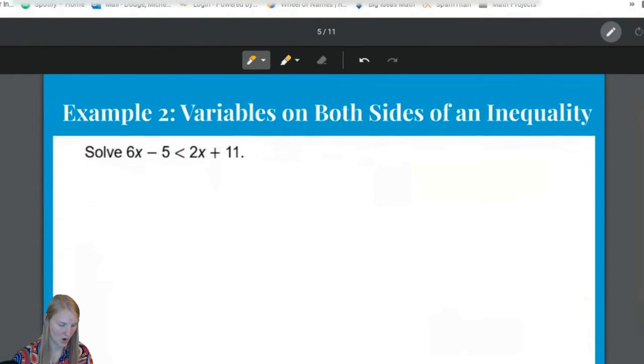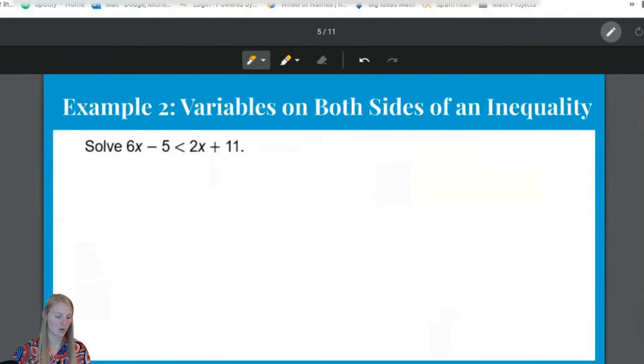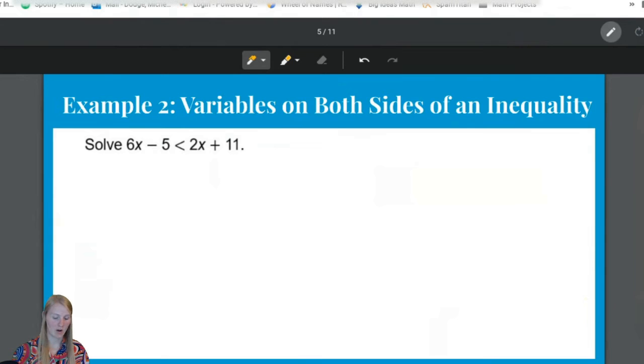Okay, now, our next example. We are still solving multi-step inequalities, but now we have variables on both sides of the inequality. Before your eyes get wide and you freak out, this is just like when we had variables on both sides of an equation. Same thing.